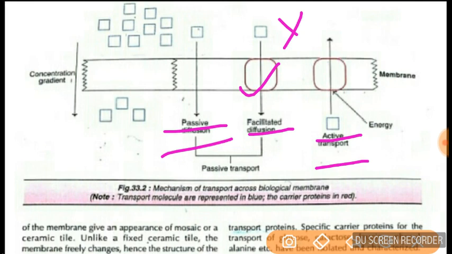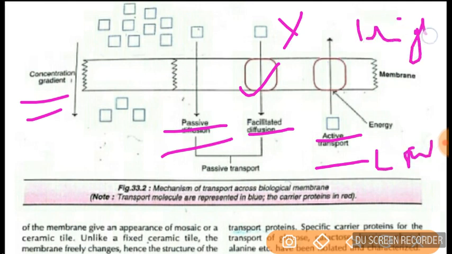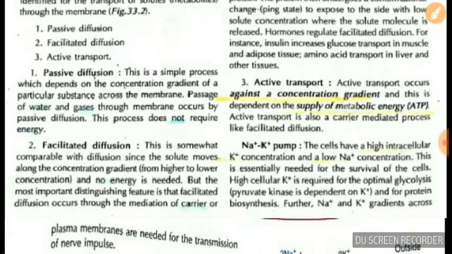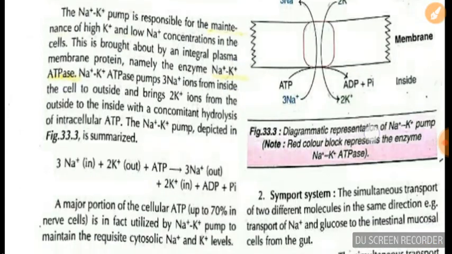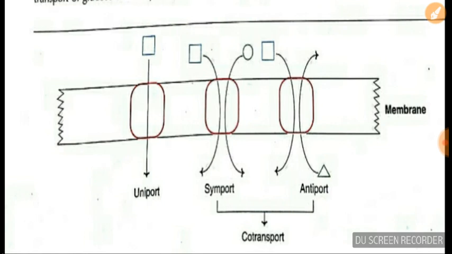Substances move against the concentration gradient, from low concentration to high concentration, and energy is needed and carrier protein is needed. Next, in the sodium potassium pump, two potassium are coming inside and three sodium are going outside, and this is also important, co-transport is an example of secondary active transport.